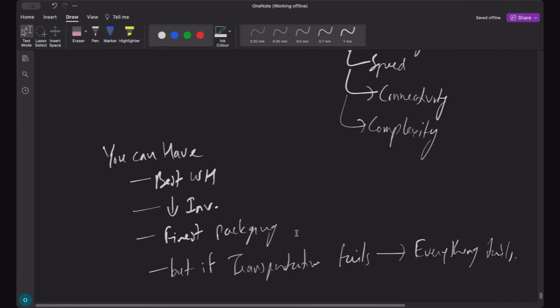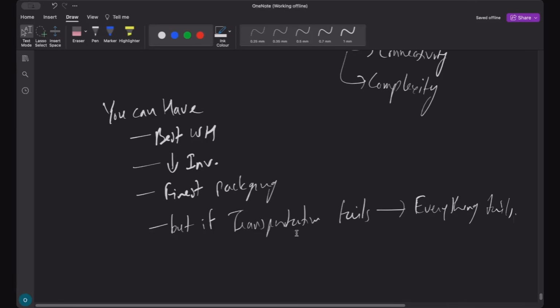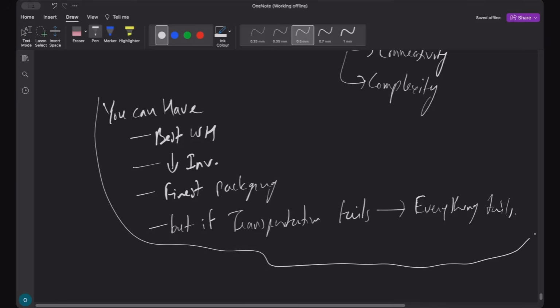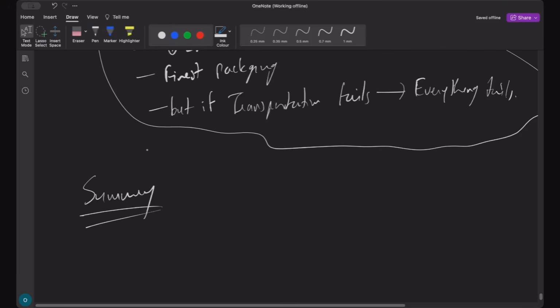Okay, this is why transportation management is so critical. This is why systems like OTM exist and are so valuable. Let's summarize what we learned today. We learned the definition of logistics, the evolution of logistics, then six key components: transportation, warehousing, inventory management, order management, material handling, and packaging.